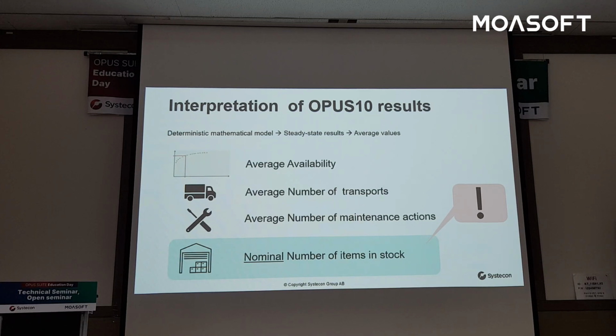But with Opus 10, we only calculate that nominal number of items. So how many should we invest in? And then we talk about the repair loop. So items that are taken out of the system, sent for repair, they are in the repair loop. So all of that won't be in the stock, but some of them will be in repair.